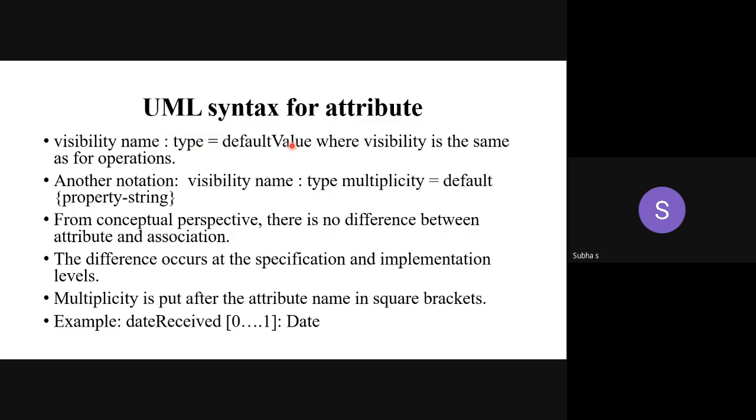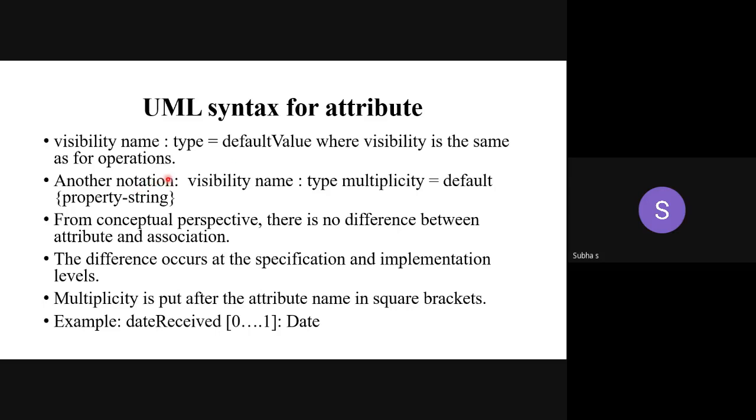Suppose you are giving some default value, then you can give it like this: visibility mode, name, colon, type, equal to default value. The visibility is nothing but the visibility mode, which you can use for the operations also.